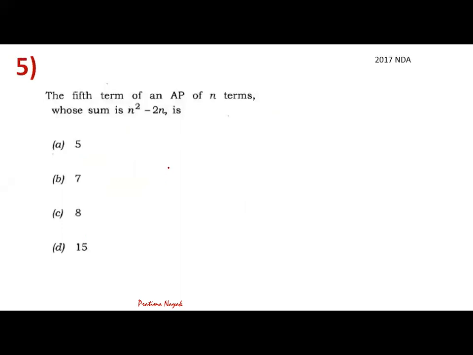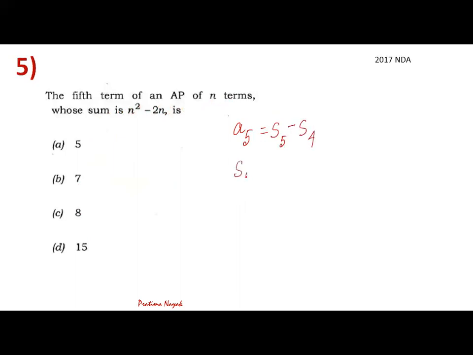Question number 5. If the sum of n terms of an AP is n square minus 2n, what is the fifth term? For the fifth term A5, you will find S5 minus S4.